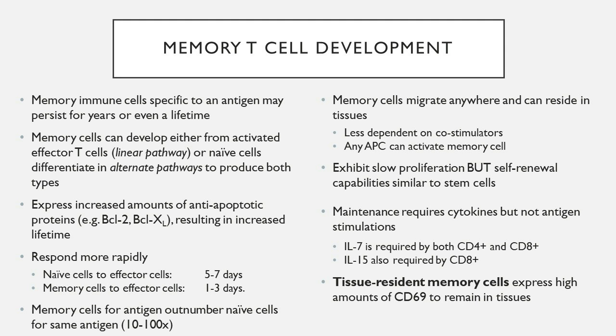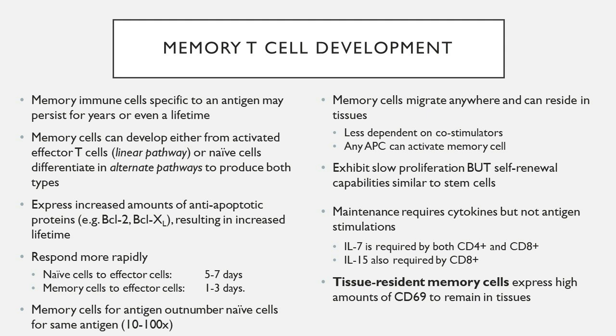Part of the reason that memory T cells can live so much longer than other types of lymphocytes is that they have increased expression of anti-apoptotic proteins like BCL2 and BCL-XL. I've mentioned those a few times at this point. And it's because of these anti-apoptotic proteins that they have an increased lifetime.